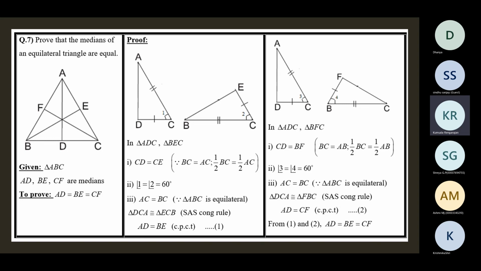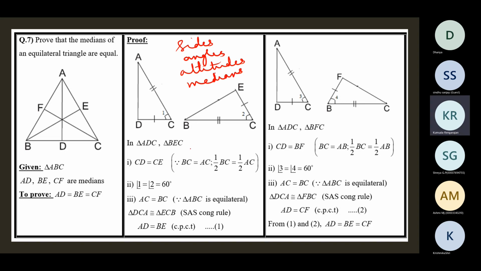So here we have to prove that the medians of an equilateral triangle are equal. In an equilateral triangle, the three sides are equal, the three angles are equal, the three altitudes are equal, and the three medians are also equal.